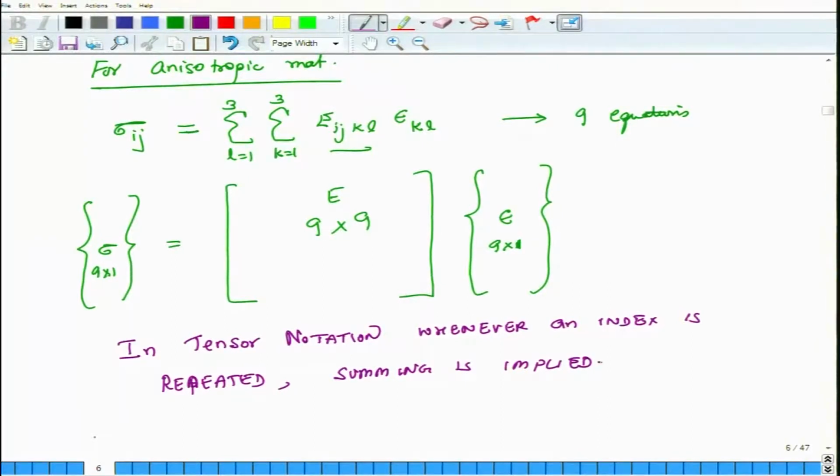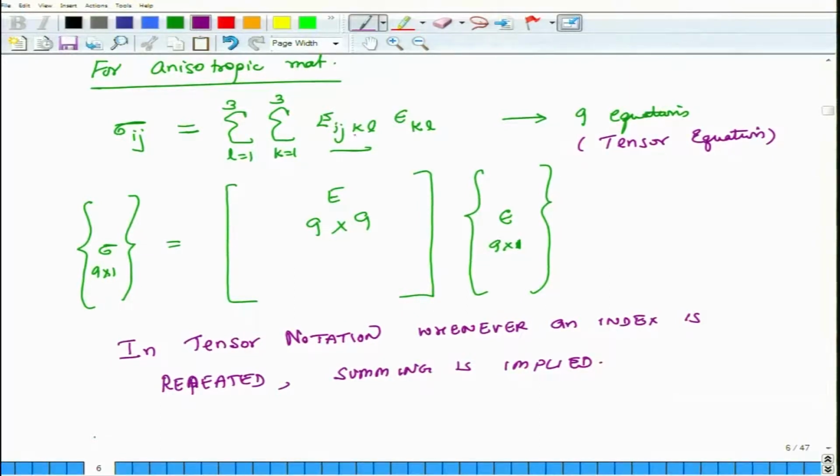This is a convention we follow for tensors, not for other situations, but wherever we write tensor equations. So, this is a tensor equation. In a tensor equation, whenever an index is repeated, it implies summation by default.